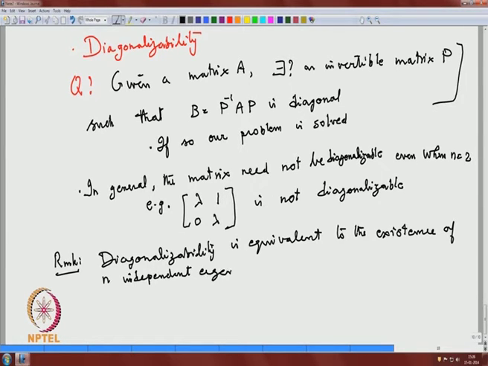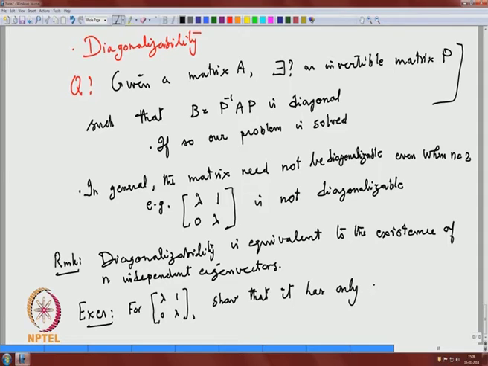So here is an exercise for you: for the above matrix, show that it has only one independent eigenvector.